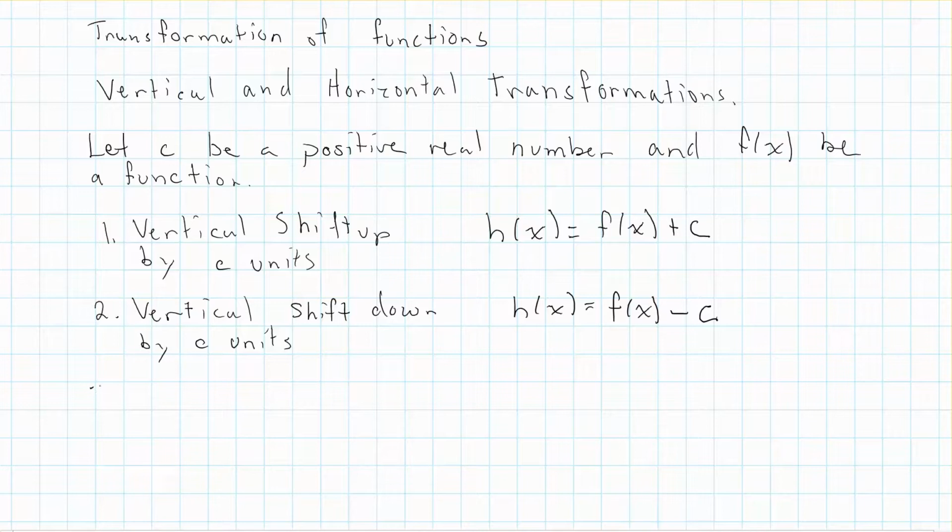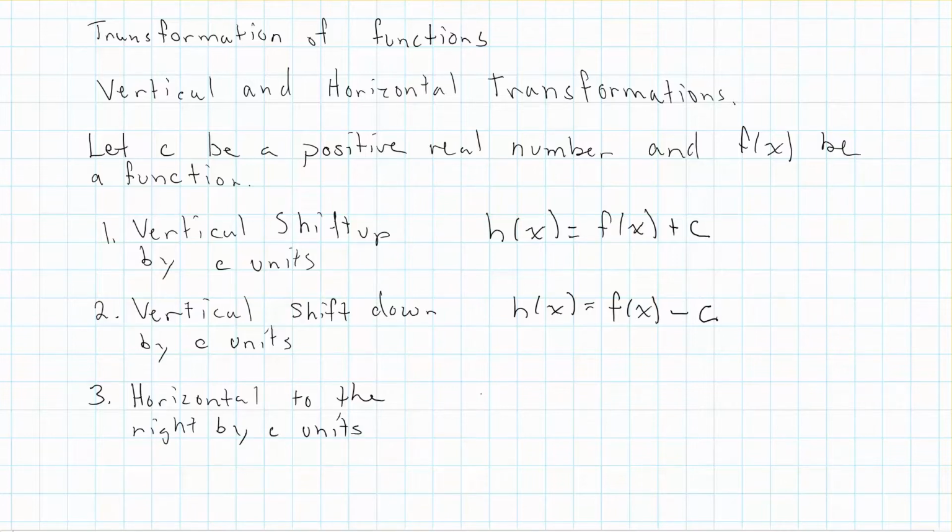Now, this is where things I think start confusing people, is in the horizontal shifts. One, how to recognize a horizontal shift versus a vertical shift, and number 2, it's opposite what maybe your intuition would be, because my intuition would be, well, up would be adding, down would be subtracting. A horizontal shift to the right by C units.